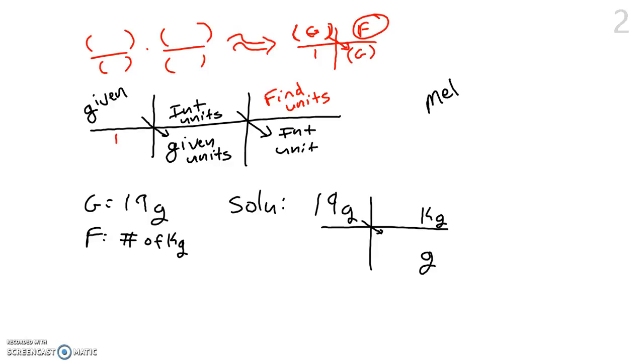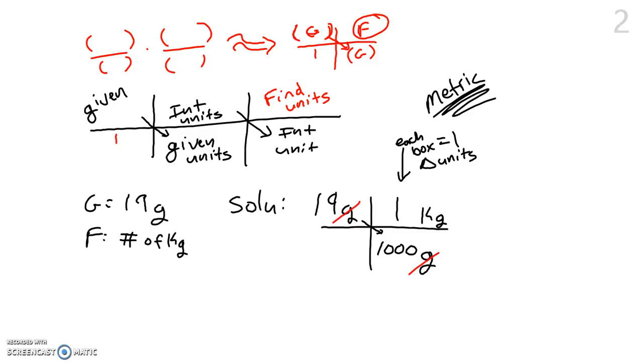From the metric system, go look that up if that's new to you. We have 1 kilogram, and there's 1,000 grams in 1 kilogram. This, if you notice, each box equals 1. We're more or less just changing units. Cool? So our grams will cancel.